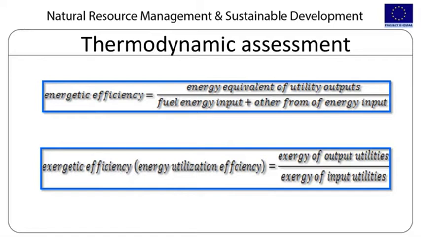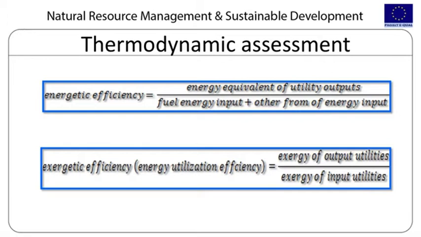Thermodynamic assessment of energy system is done through first law and second law of thermodynamics, that is by calculating the energetic and exergetic efficiency. From the lecture module of polygeneration, we know that there may be multiple input or multiple output of an energy system. Energetic efficiency is defined as the ratio of energy equivalent of all utility outputs to all kind of energy input.